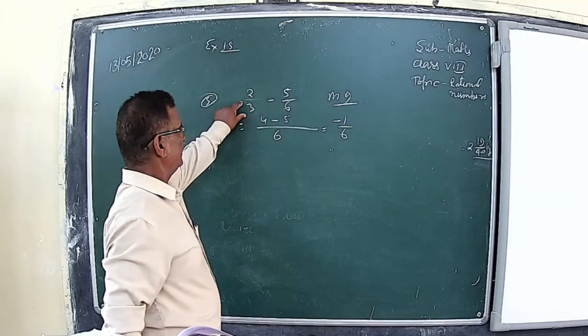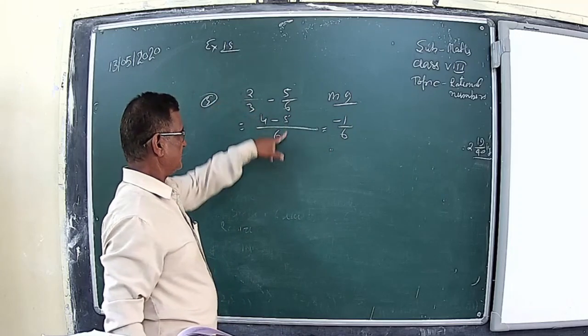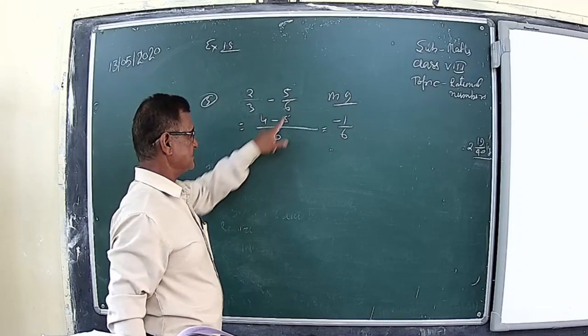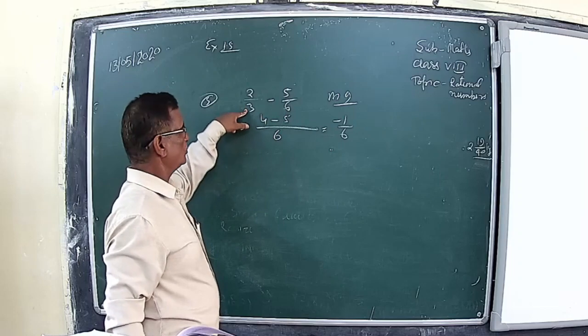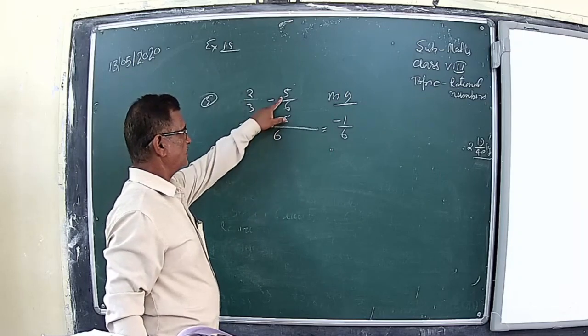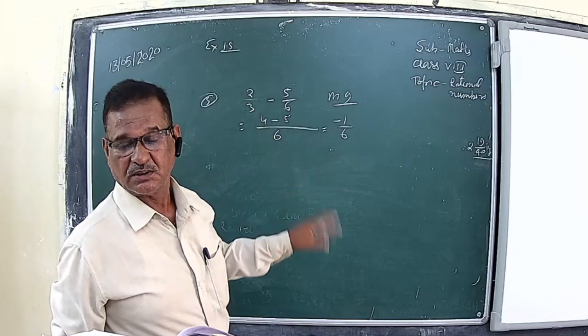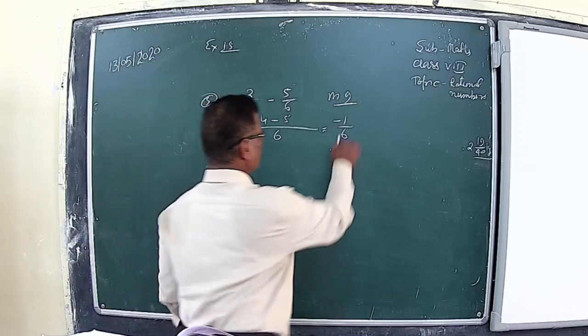Here multiply by 2. The LCM of 3 and 6 is 6. 6 divided by 3, 2 coming, 2 into 2, 4. And this is 5. So the number coming is minus 1 by 6.